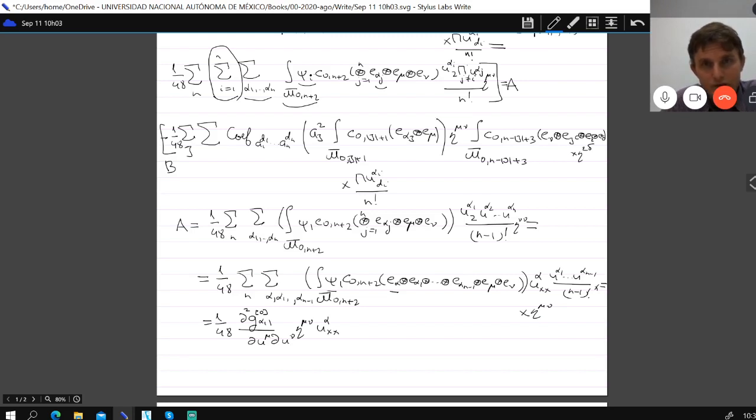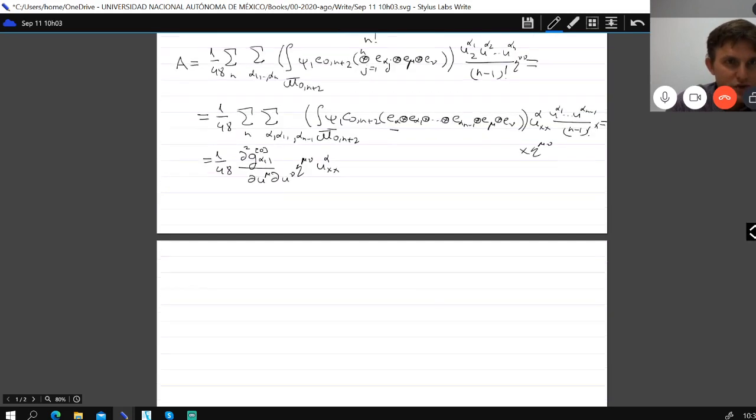How to say it better? Again, in this formula for B we use the same thing. Here we should have the summation over n, of course.